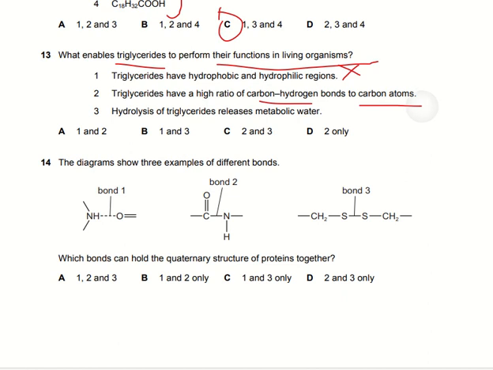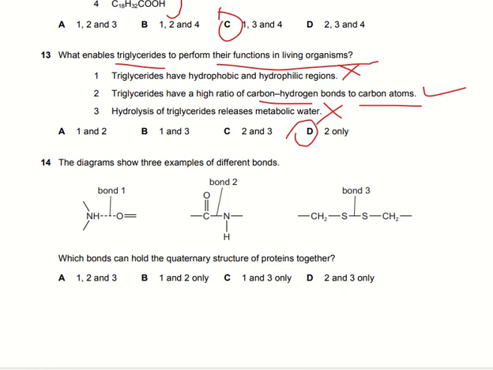Yes, the carbon and hydrogen bonding is much higher than the number of carbon atoms. So carbon-hydrogen bonds can play a very important role in different functions, for example in cell signaling, in maintaining the fluidity of the cell membrane, and many others. Hydrolysis of triglyceride releases metabolic water. It does not release water. So we can say that option D here is the right one.